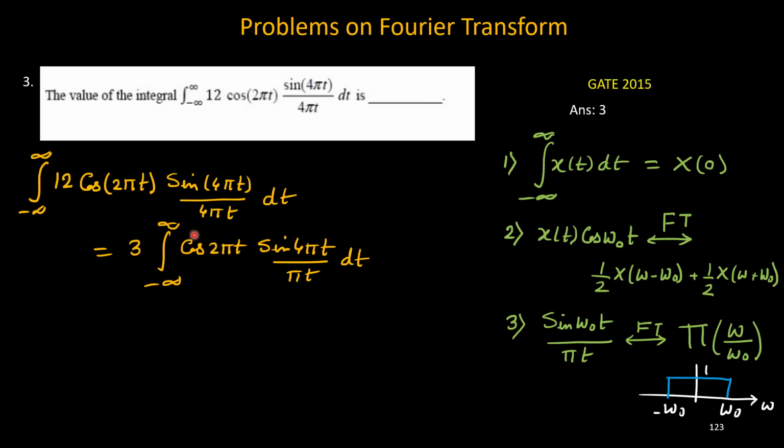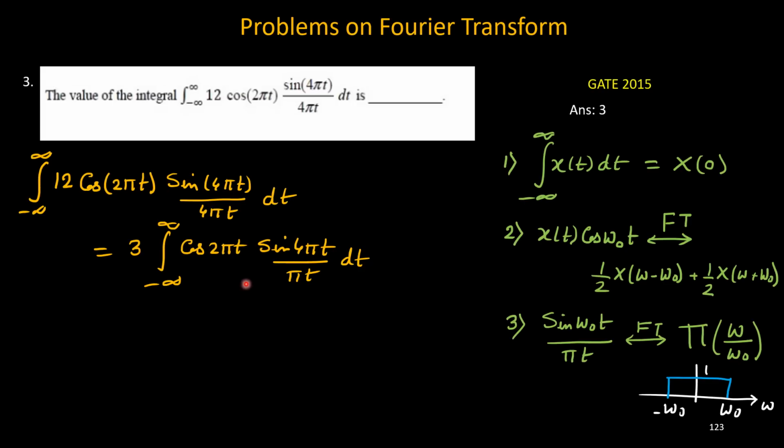And with this, cos 2πt is multiplied. If I consider this as your x(t), then x(t) into cos ω₀t, the spectrum of this form we can get using the modulation property. So we'll use all those things. In our case, x is sin 4πt upon πt, and then we'll multiply by cos ω₀t.